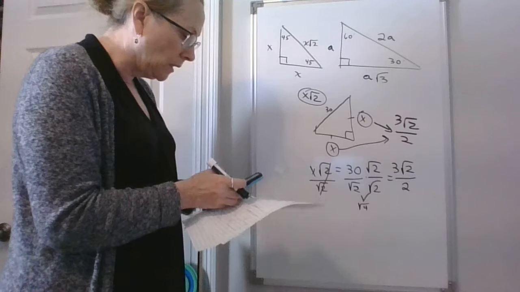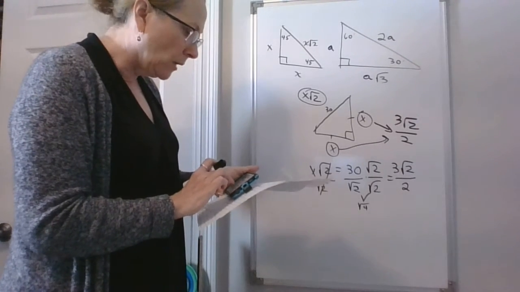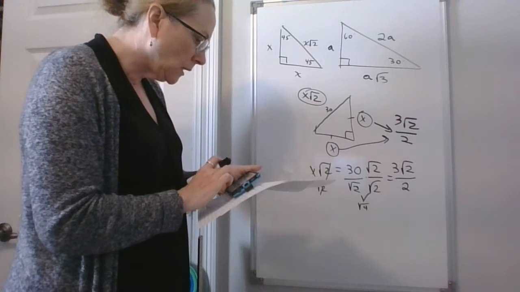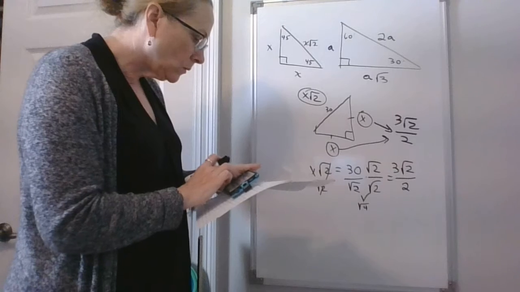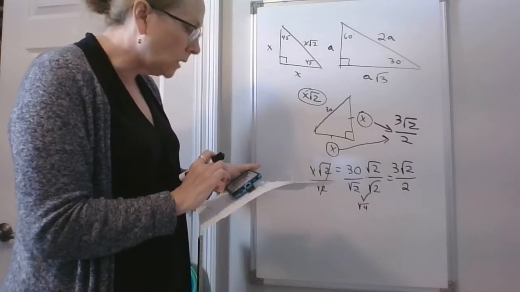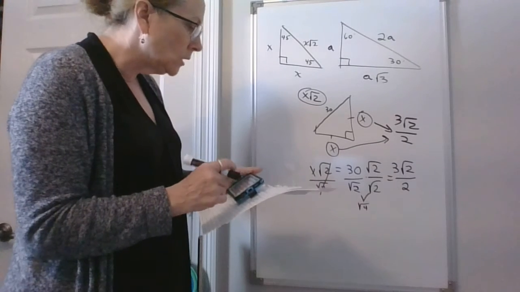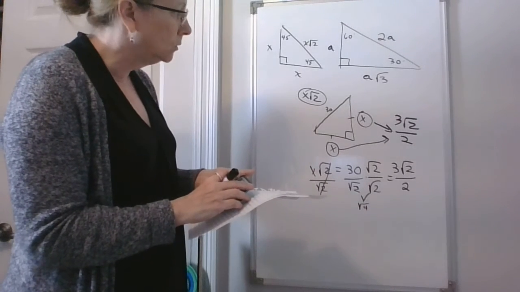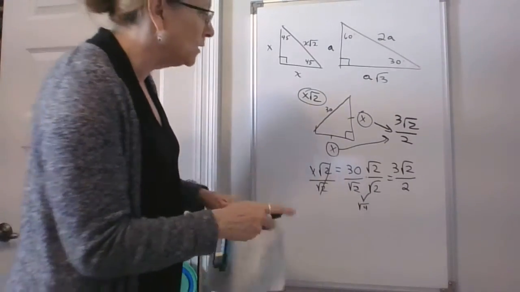You could do that in multiple ways. Of course, I did not bring my calculator for that. Let's see, the square root of 2. Okay. Square root of 2 times 3 over 2, or 1.5. We get 2.12, which doesn't seem quite, oh, it's supposed to be 30.